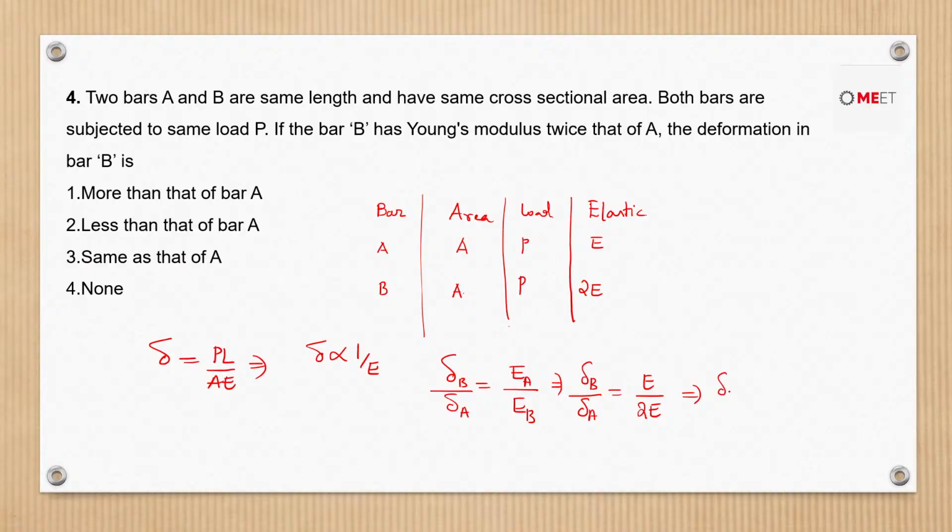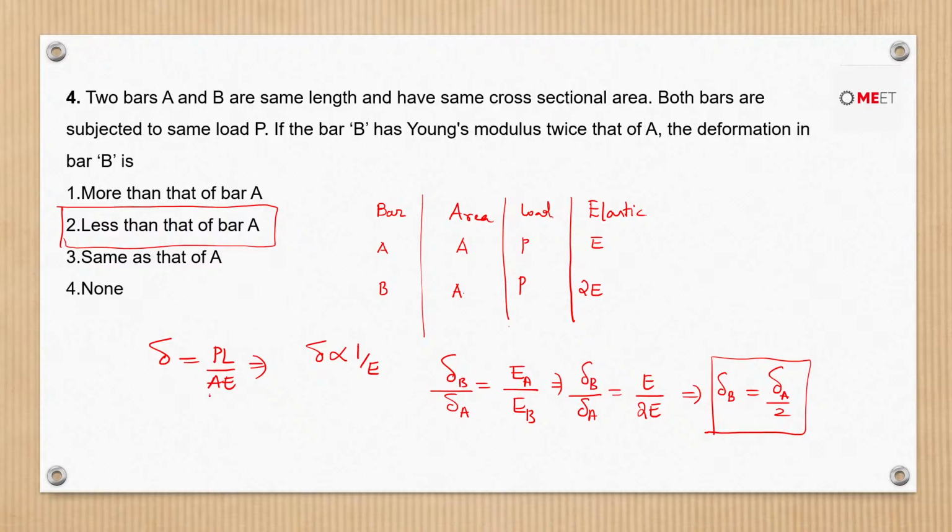So you get delta B equal to delta A by 2. That is, it will be lesser than that of bar A. So option 2 is the answer. Yes, that's true, because A and E are associated with defining the rigidity of the bar. So if the rigidity is increased, then the deformation is not so easy. So for this question, option 2 is the answer.